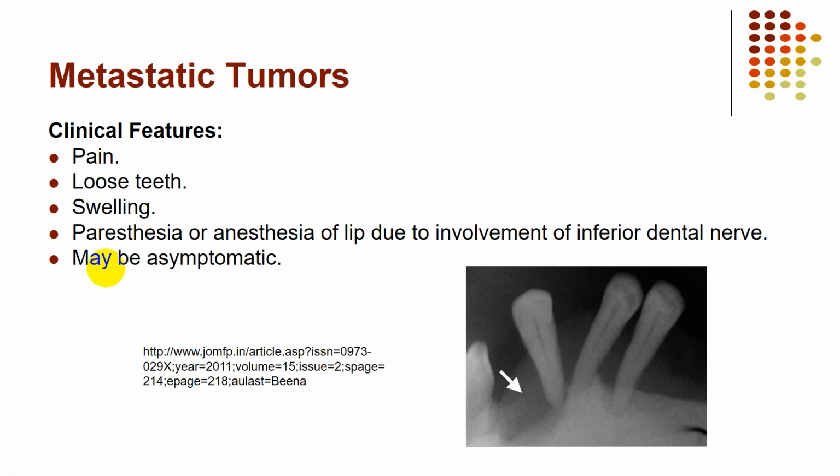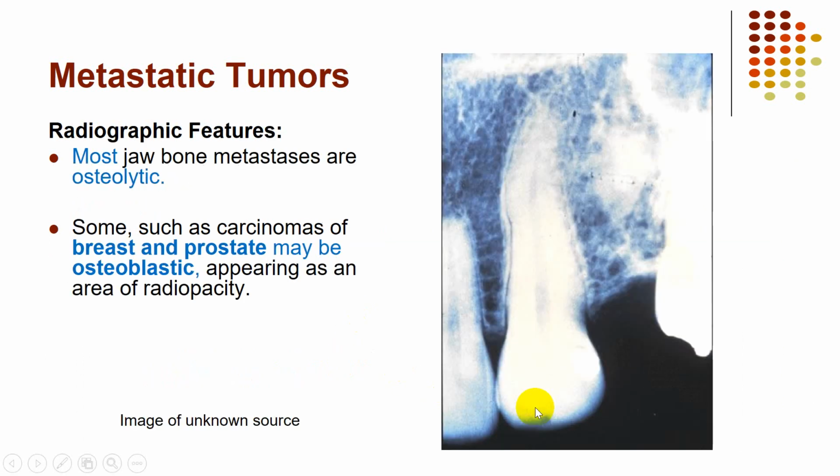These metastases, as we said, can be radiolucent and they can be radio-opaque according to whether they are osteoblastic or osteolytic. Most of the jaw tumors are of osteolytic type. They will induce resorption of the bone, and they will proliferate to form a mass of a tumor that is similar to the primary tumor.